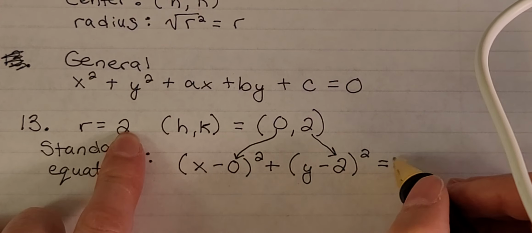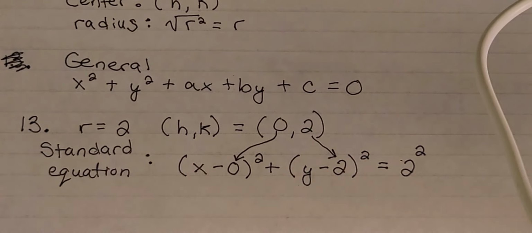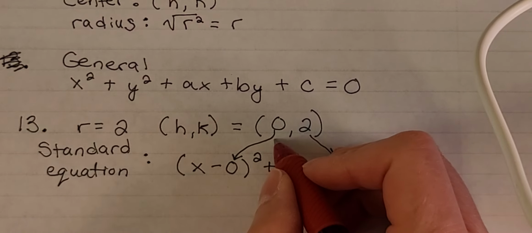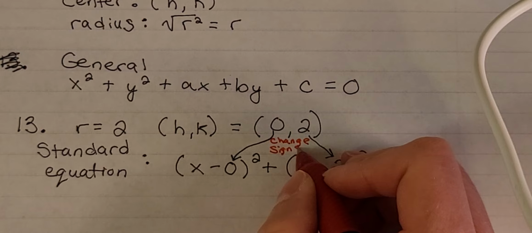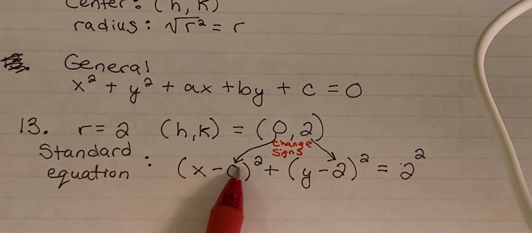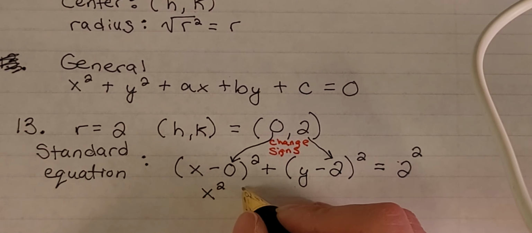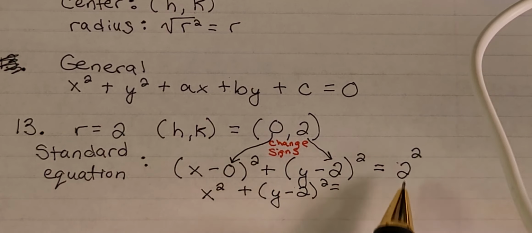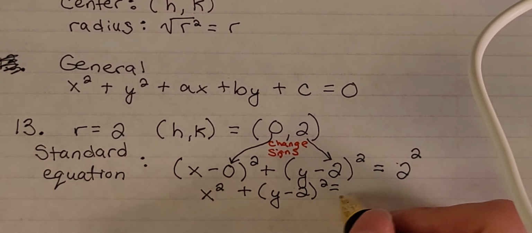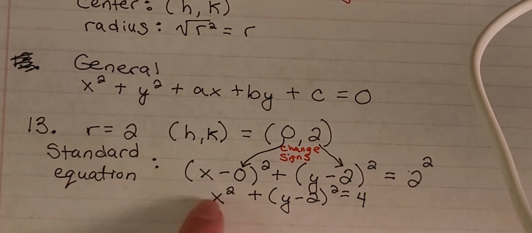Equals, and your radius is 2, so it's 2 squared. Okay, we're going to reduce these, but just remember when you're doing this, you're changing signs in here. Okay, so x minus 0, we don't need that, so this is just plain x squared plus y minus 2 squared, and 2 squared is just 4. So this would be your answer for the standard equation.